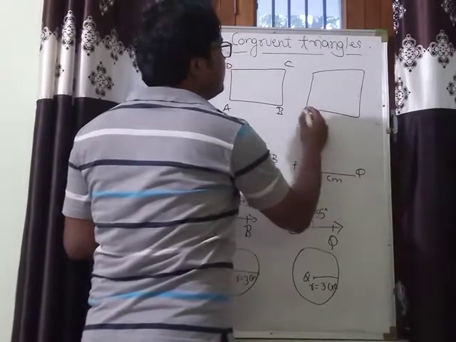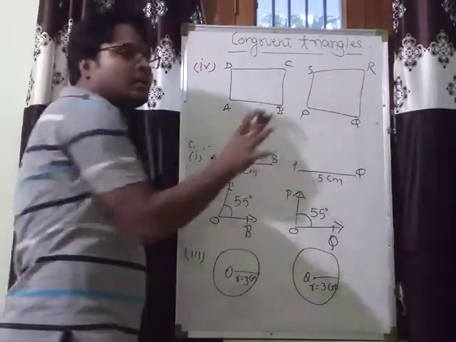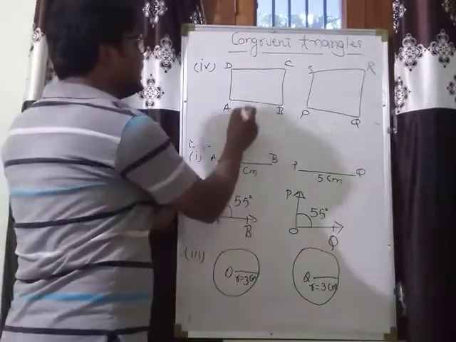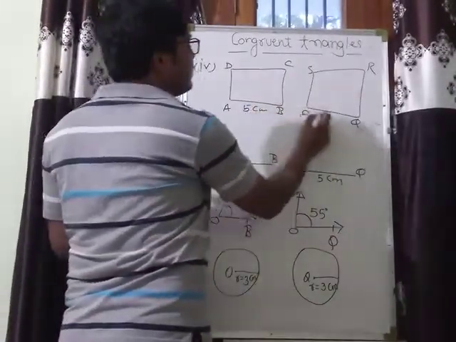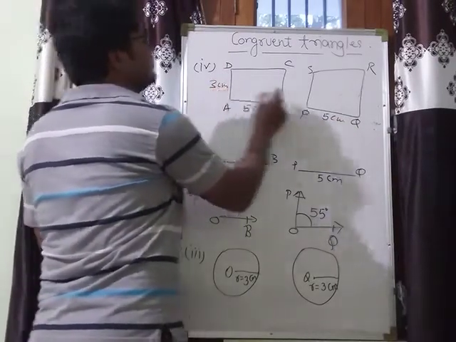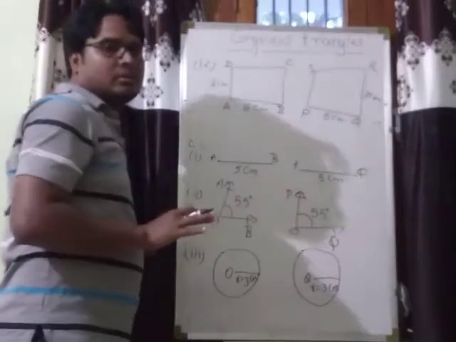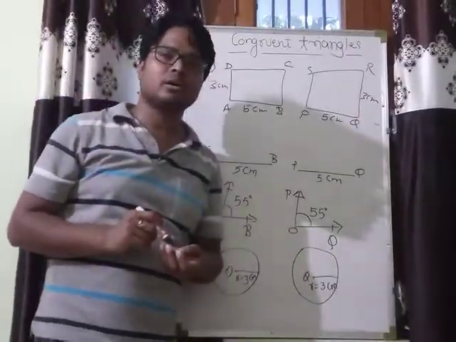This is PQRS. So two rectangles are congruent when they have the same length and the same breadth. In that case, they will be congruent.